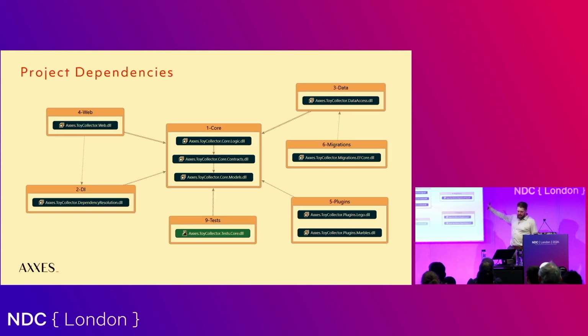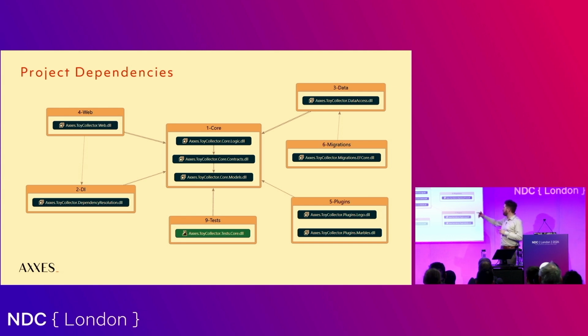And what that left us with was an architecture that looked like this. We had our core in the center. We had our database project referencing the core, and our API referencing the core. We had a project for all of our DI wire-up that needed to happen. Our migrations just point at the data project.